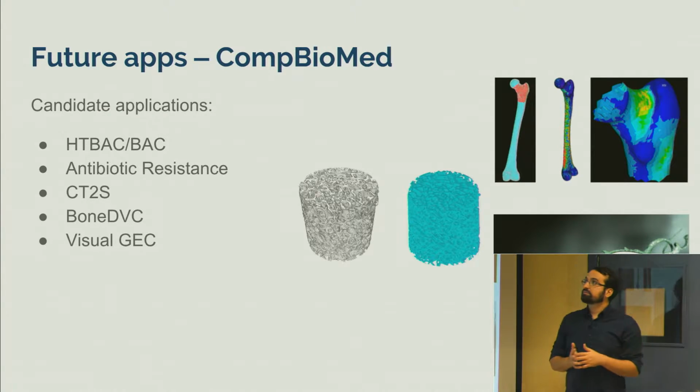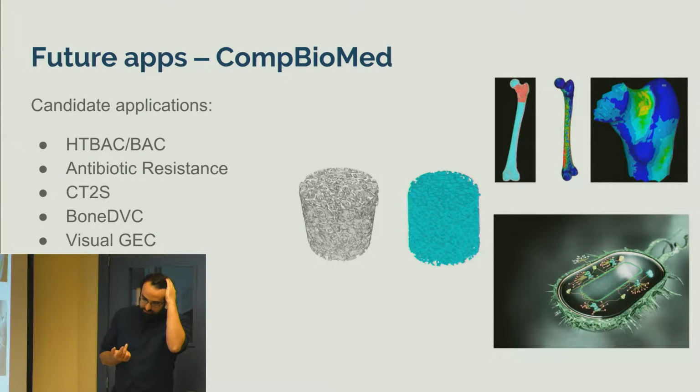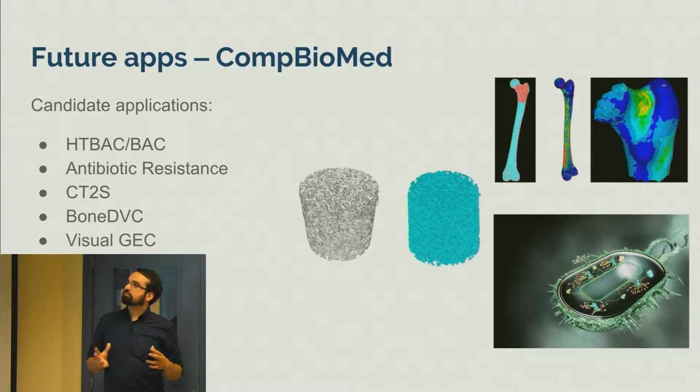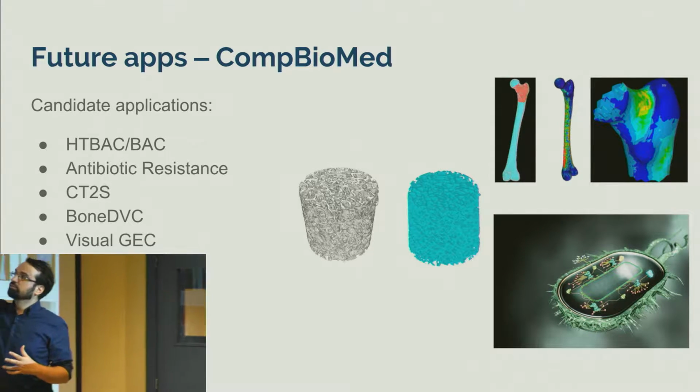To finish up a bit, and since we are here, CompBiomed is organizing this workshop, so one important thing for us in this consortium, since we have this very nice interface, is to try to make some of the tools that you probably heard about today, and will hear more about in the following days, available to the consortium.